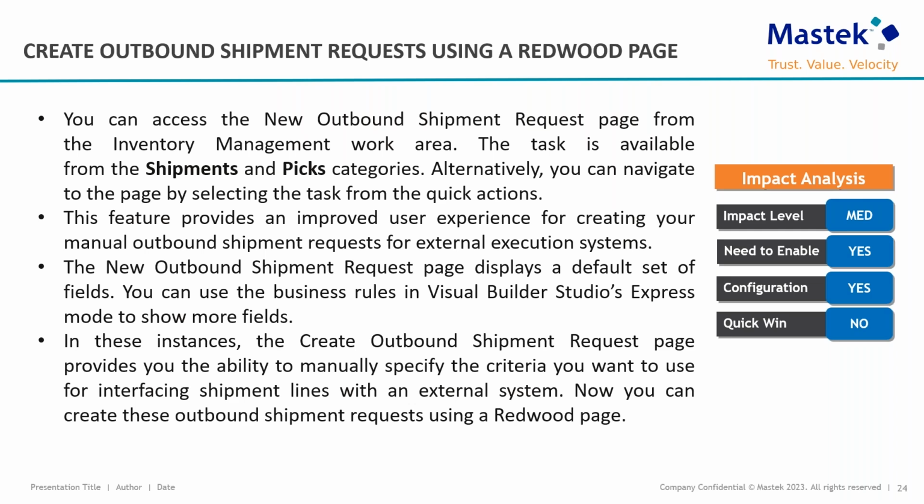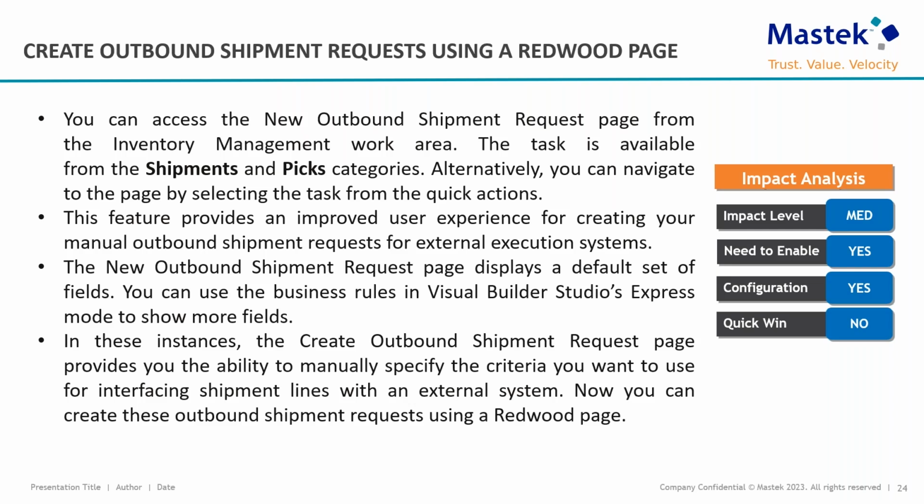For example, if there is an emergency order for a customer that is also back ordered, in this case, we can manually set the criteria for creating picks using the create pick wave page. This allows us to create pick waves as needed, and now this process can be done using the Redwood page.